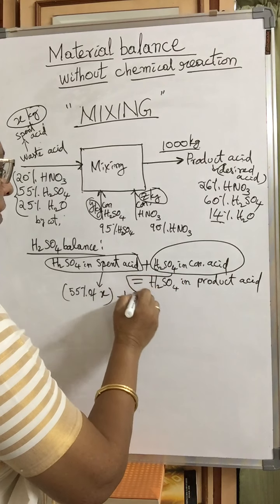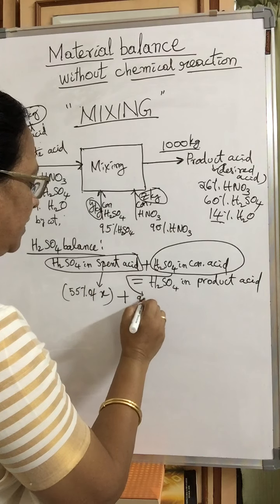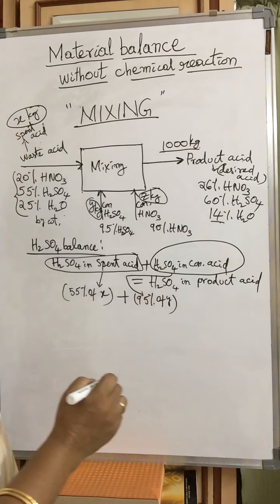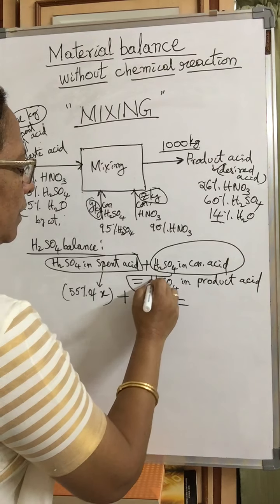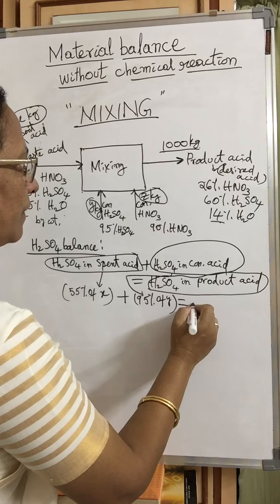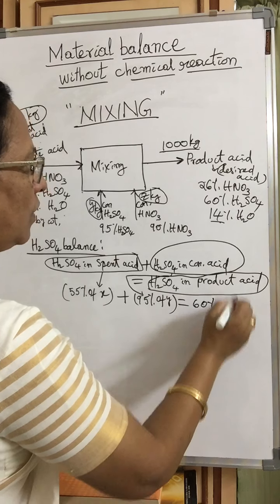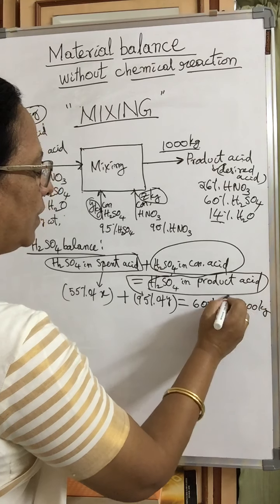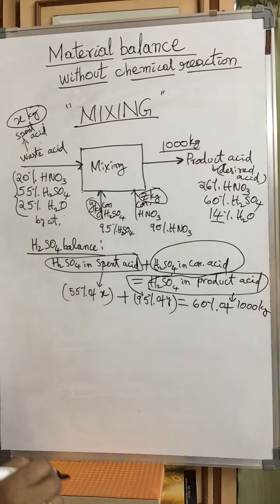How much? 95% of Y. That must be equal to H2SO4 in product acid. How much? 60% of total, which is 1000 kg. This is the H2SO4 balance.